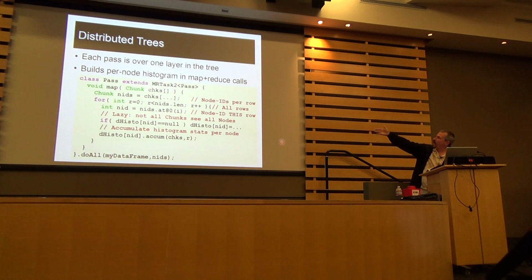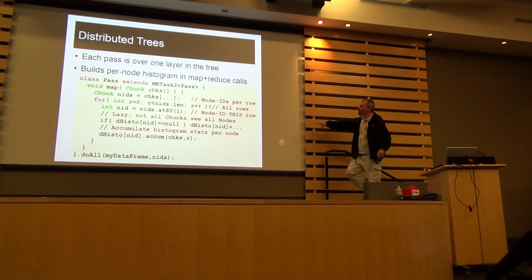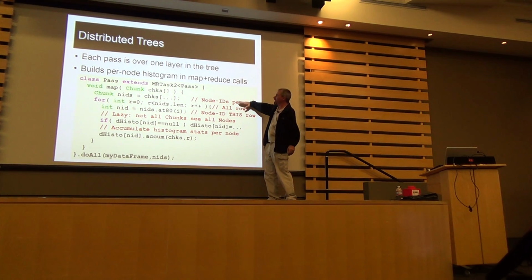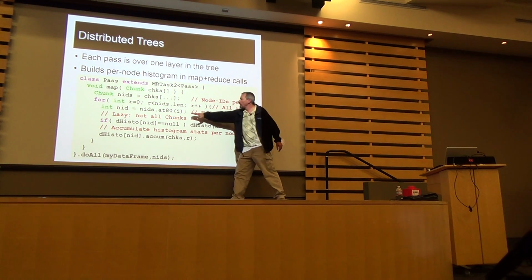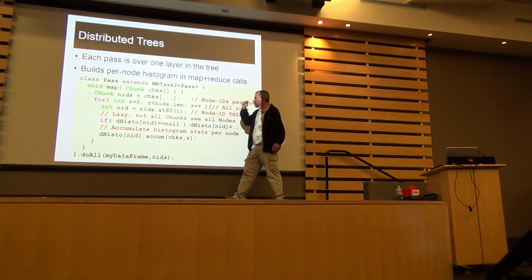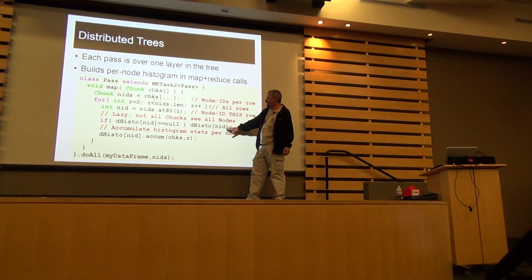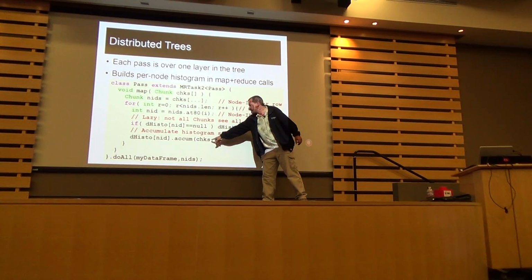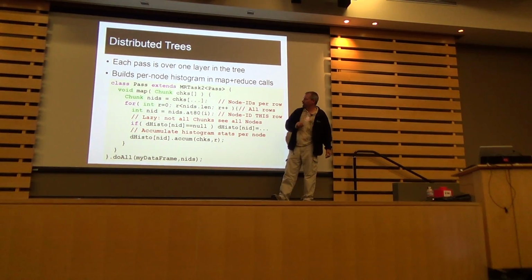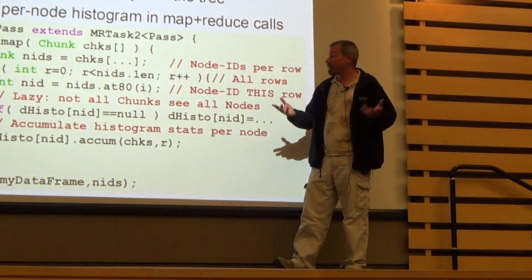Here's a sample map for this tree algorithm, where, reading it line by line, there's some node ID I'm pulling out. This is the collection of them all for this chunk. For all rows, pull out the node ID for this particular row. They're all over the map. Make sure I have a histogram available to me, and then go ahead and accumulate, where this accumulation for the MSE style trees is computing mean and variance.